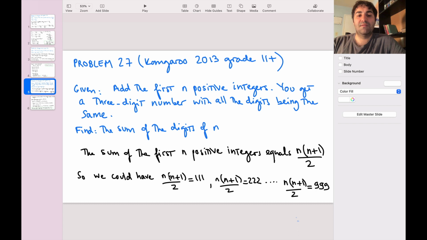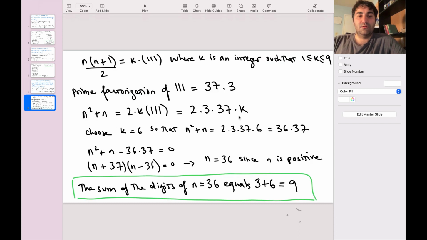So we need a three-digit number where all the digits are the same. We can have the sum equal to 111, or the sum is equal to 222, all the way up to the sum is equal to 999. So in general, we can write the sum is equal to k times 111, where k is an integer such that 1 is less than or equal to k, and k is less than or equal to 9.